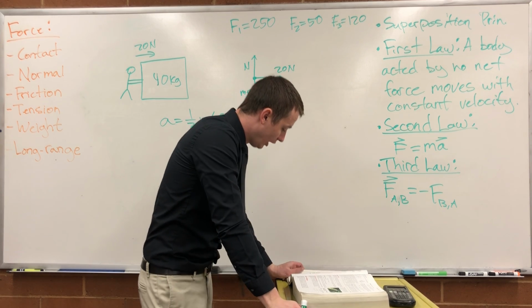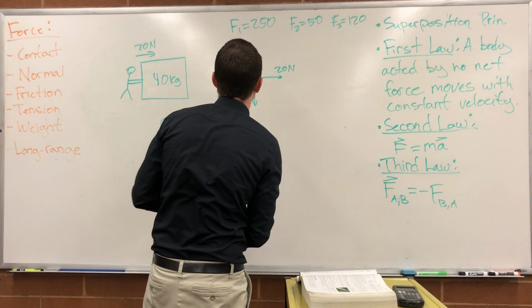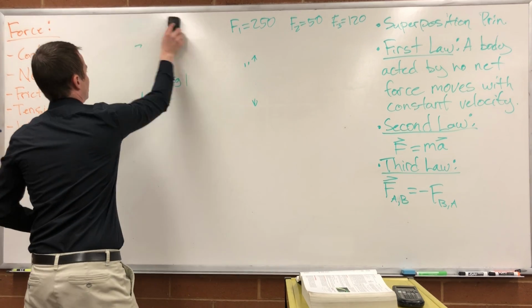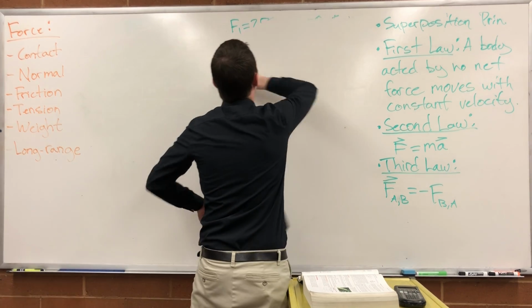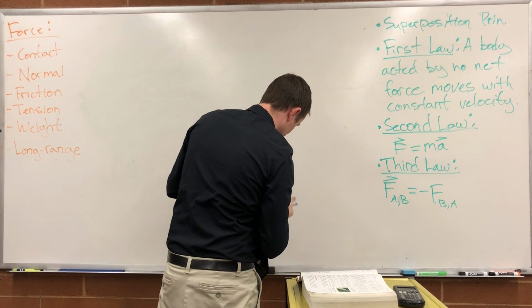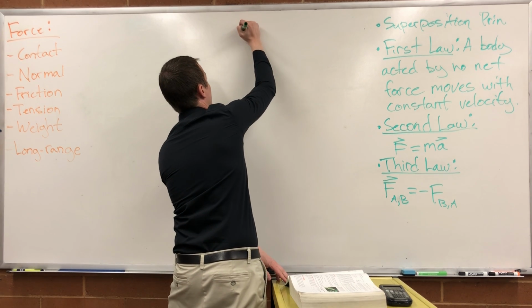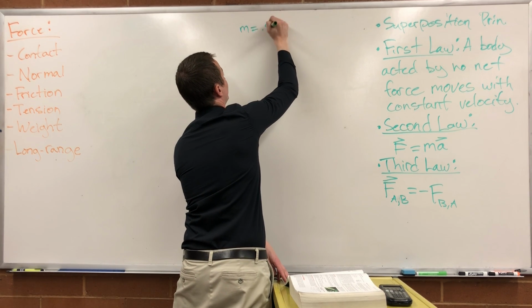A waitress shoves a ketchup bottle with mass 0.45 kilograms to her right. I'm going to start writing down these numbers as I read. So we have m equals 0.45 kilograms.